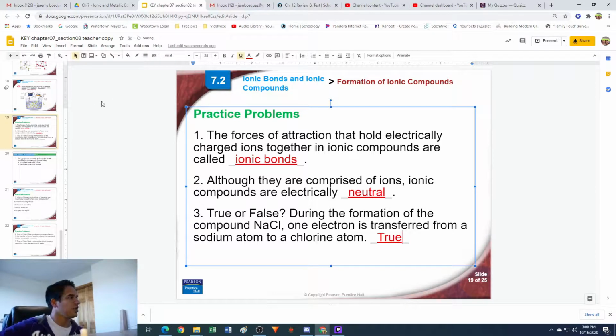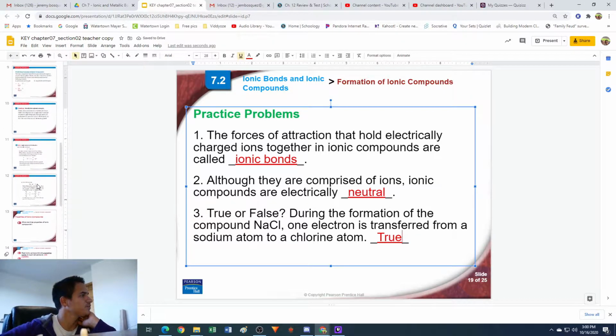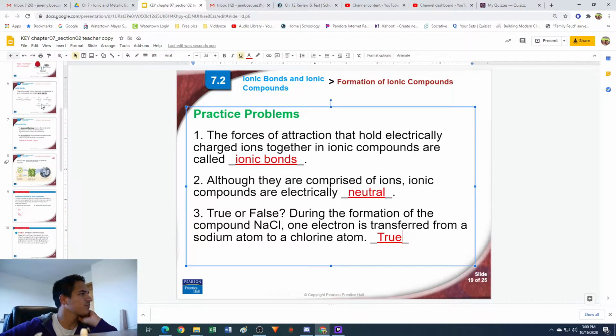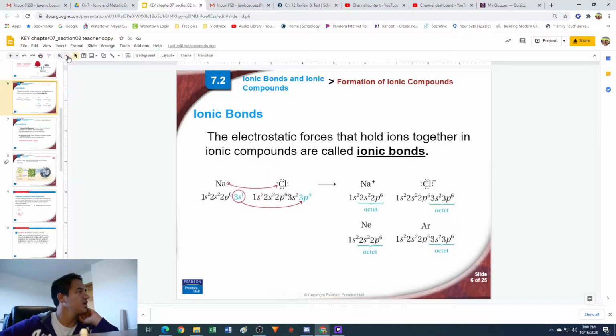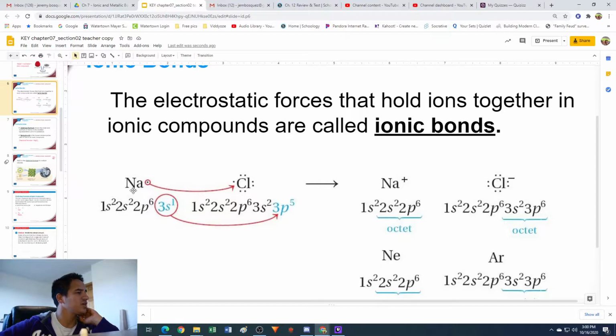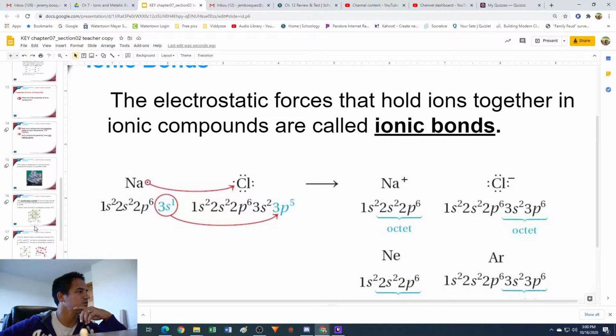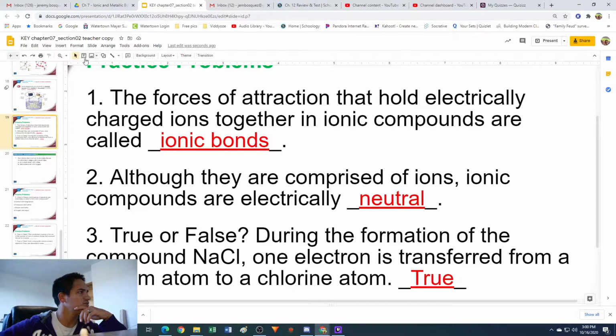When a sodium atom bonds with a chlorine atom, the sodium atom will lose one electron and donate its one valence electron, which is shown here, to the chlorine. The sodium has one valence electron. It will donate that one valence electron. The chlorine will receive that one valence electron, and this is how we make sodium chloride. So that is true.